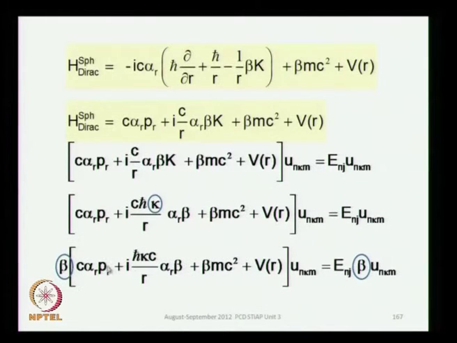So, beta matrix is what multiplies this entire matrix equation. So, beta pre-multiplies this left hand side, and then on the right hand side beta pre-multiplies u, which is a 4 by 1 unit wave function vector.